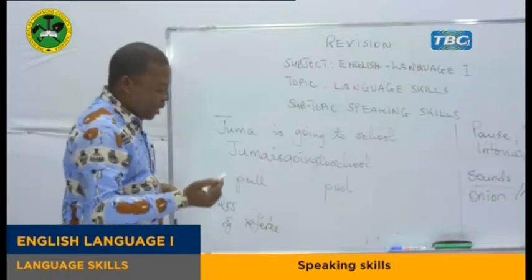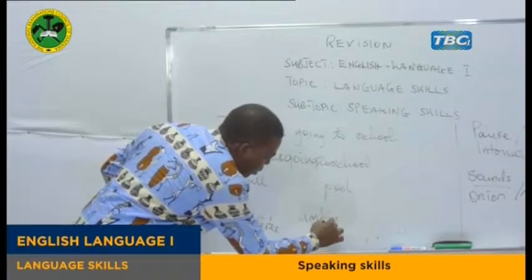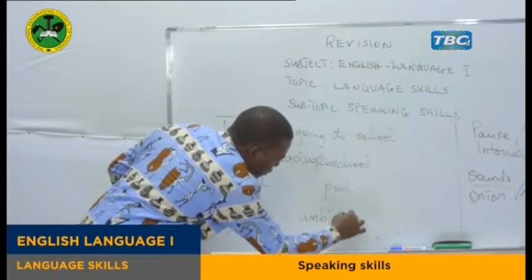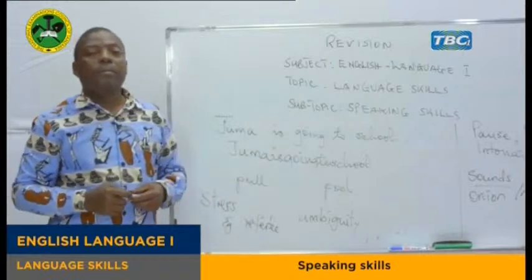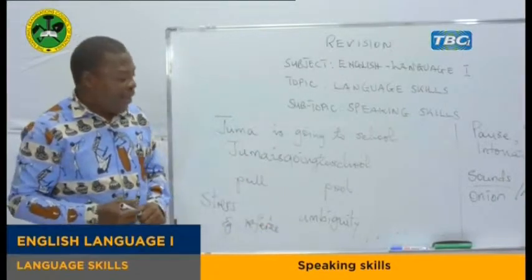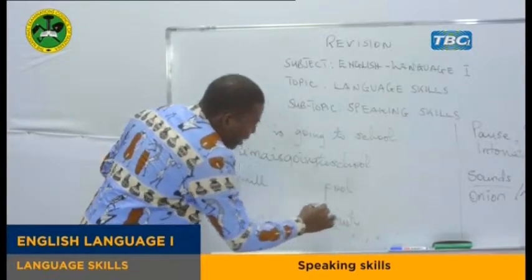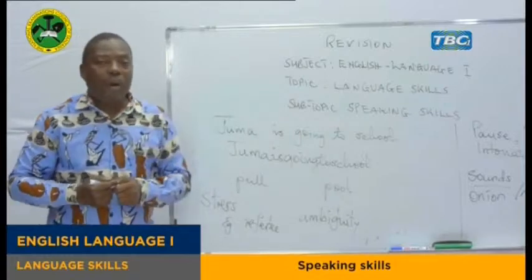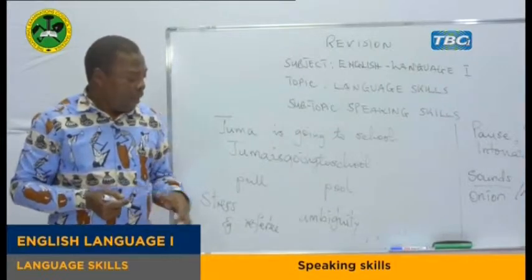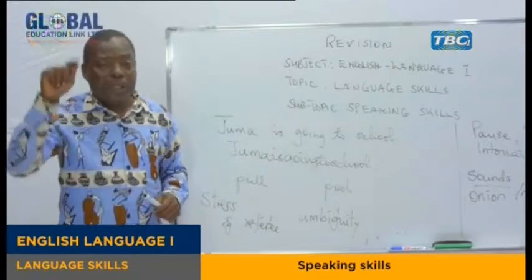Think of another word like this one. How do you pronounce this? This one is pronounced by putting a stress somewhere there. We call it ambiguity.